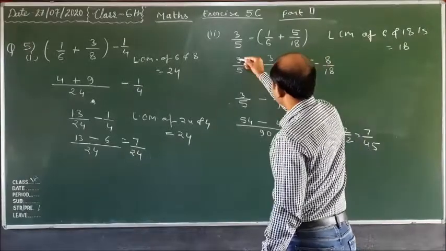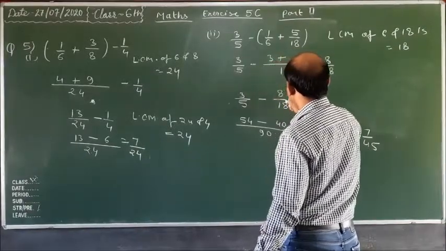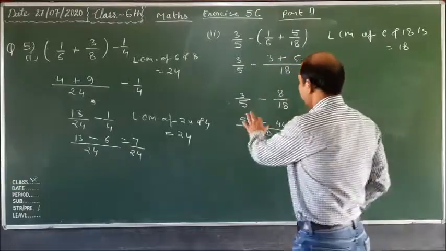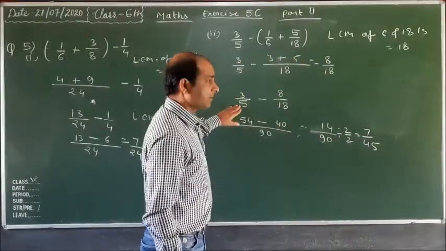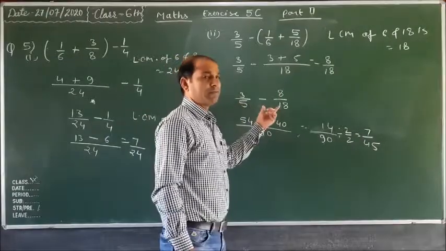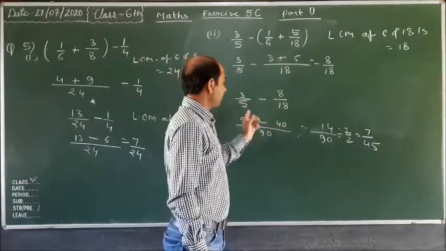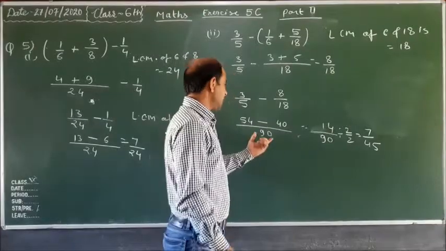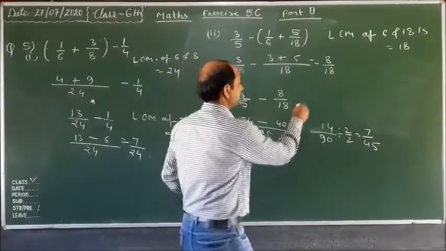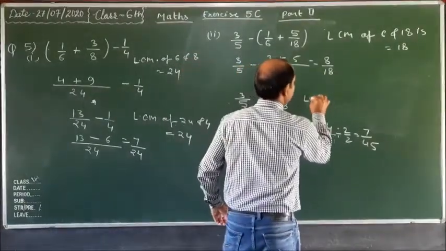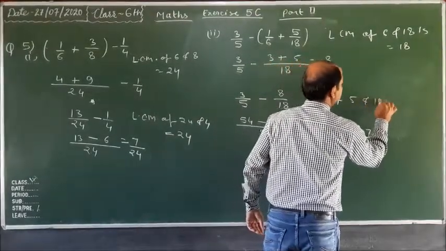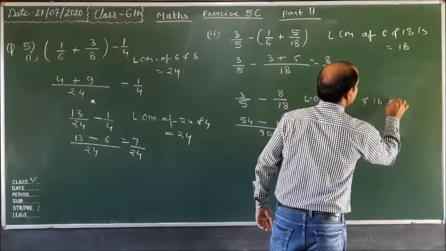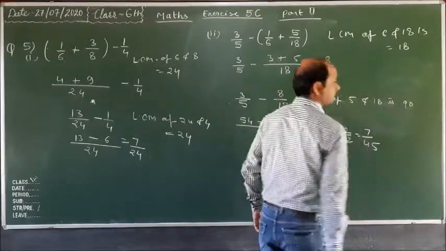Now we write 3 upon 5 minus 8 upon 18. Then we take the LCM of these two numbers. 5 is a prime number, so we find the product of 18 and 5. The LCM of 5 and 18 is 90.